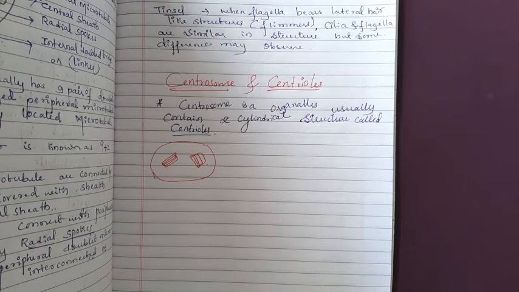Centrioles are the cylindrical bodies formed by the 9 fibrillar units having the tubulin protein.